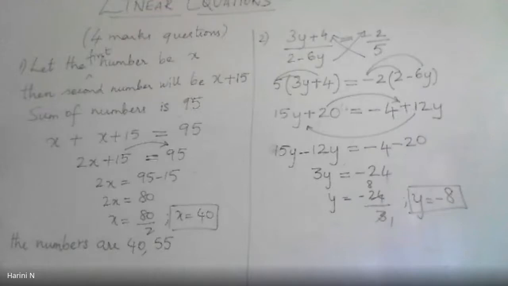So the two numbers are 40 and 55. That's it. So this is eligible like a 4 marks. You are framing an equation with a variable and then solving that equation to get the value of the variable to complete the problem. Alright?